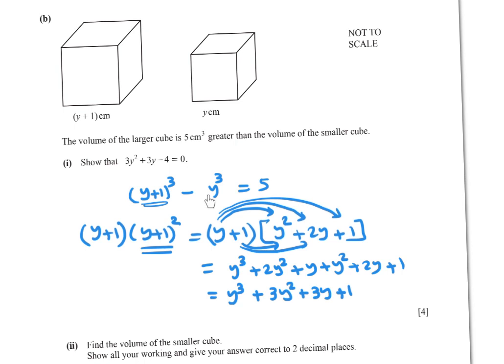Now if we subtract y power 3 from this one and equate to 5, we get the equation: y power 3 cancels with y power 3, so we are left with 3y squared plus 3y plus 1 equals 5. Now transpose 5 to the other side by negative. So 3y squared plus 3y, and 1 minus 5 is negative 4. So this is the answer for part i.